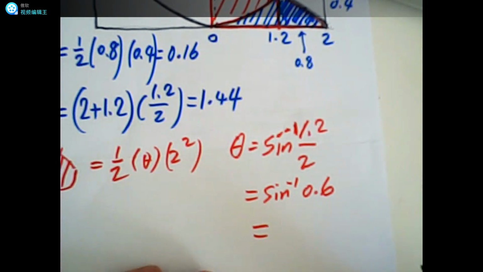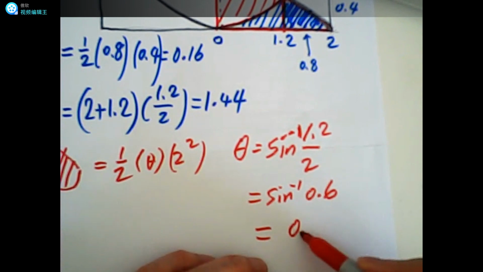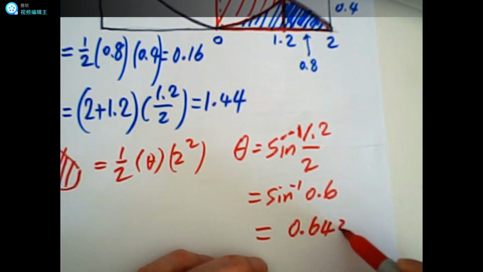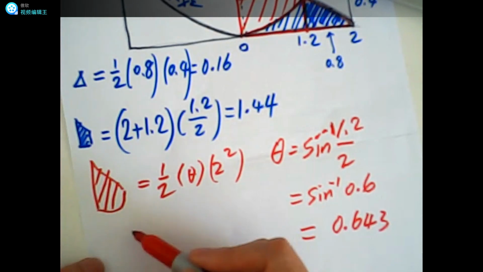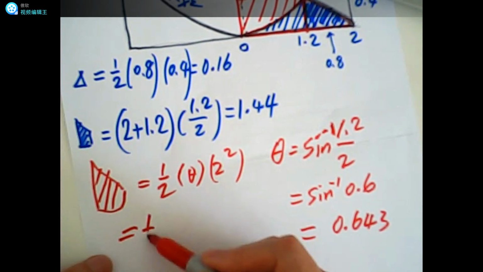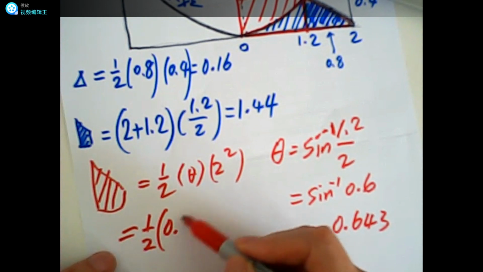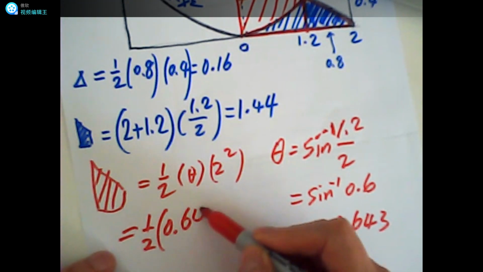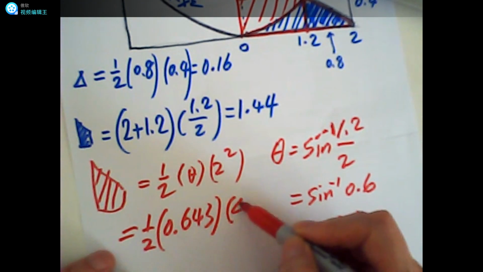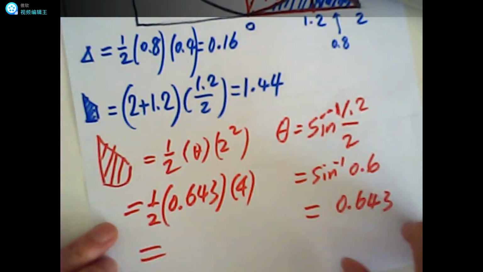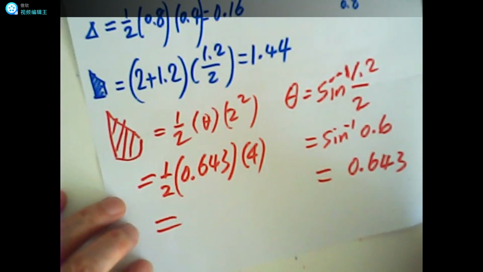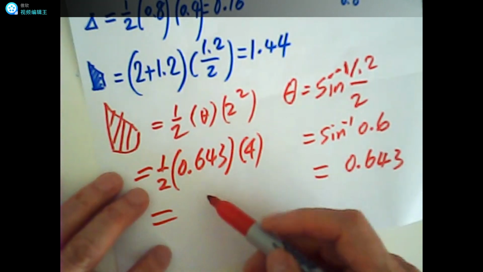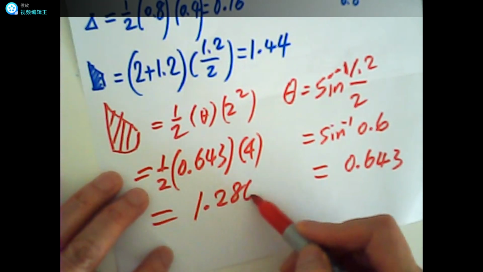From the calculator, you know, it's easy to be found. This is 0.643. So then this is half times 0.643 times 4. So this area is equal to 1.286.